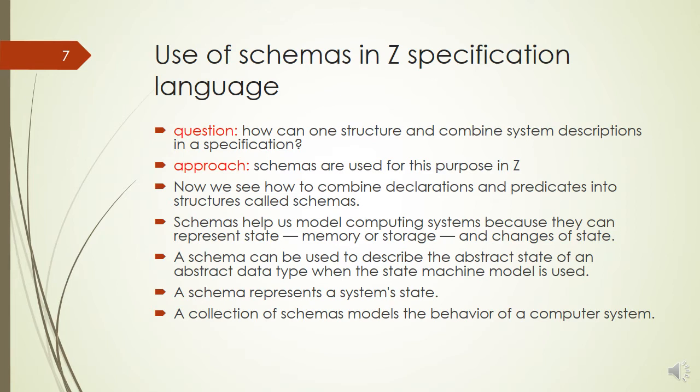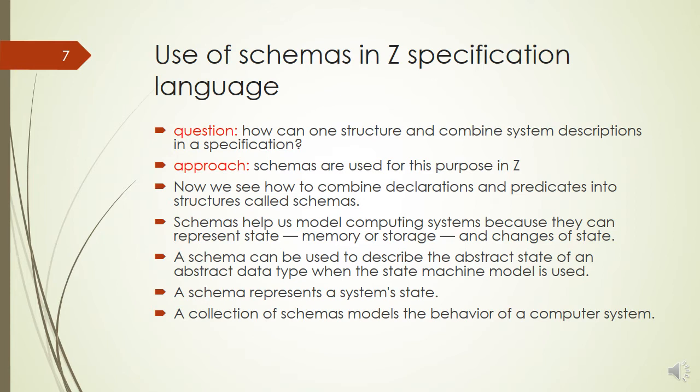Schemas help us model computing systems because they can represent state and the changes in the states. A schema can be used to describe the abstract state of an abstract data type.